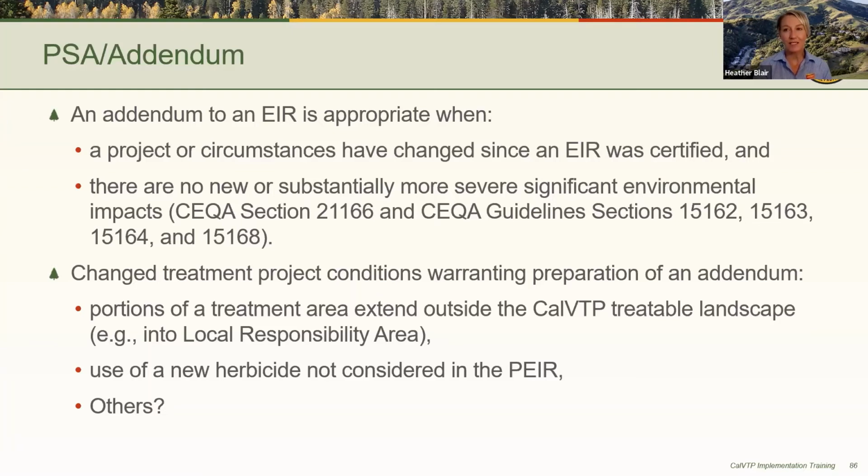So using an example of a project that extends outside of the treatable landscape, this extension of the geographic scope of the EIR would be that change to the program that would warrant preparation of an addendum. Next slide, please.